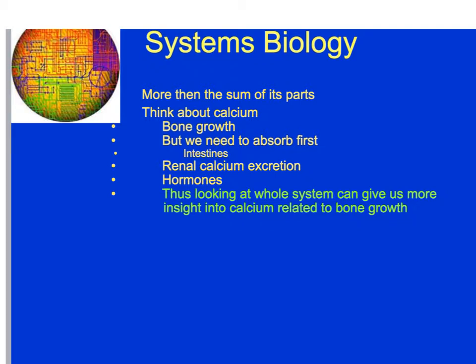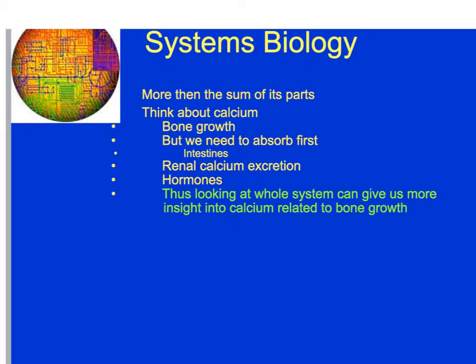So if we think about something like how calcium works in our body for bone growth, we know that there are things that have to happen before the calcium even gets to the bones, including how we get calcium into our bodies. It needs to be absorbed through the intestines, and some of that gets excreted, and it interacts with hormones.